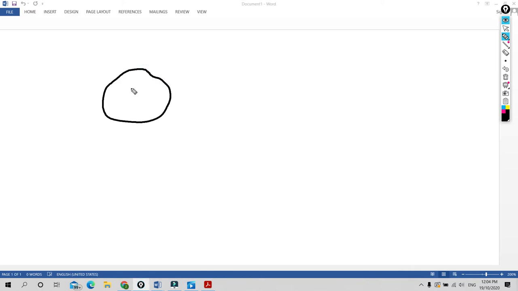We have head-head, then we have head-tail, then you have tail-head, then you have tail-tail, for example.